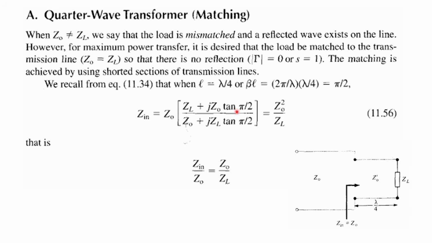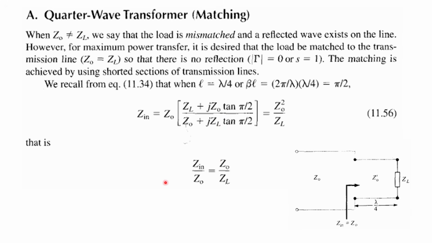Now beta L can be replaced by pi by 2, and since tan of pi by 2, that is tan 90, is a very big number, means infinity, ZL can be neglected. Similarly Z0 can be neglected, so Z0 by ZL is equal to Z in. So Z in will be Z0 into Z0 by ZL.